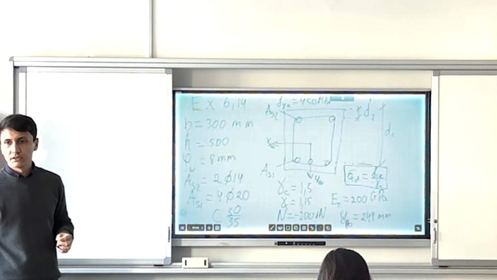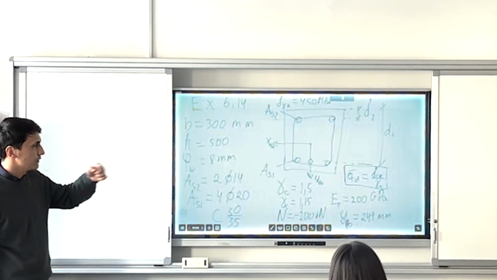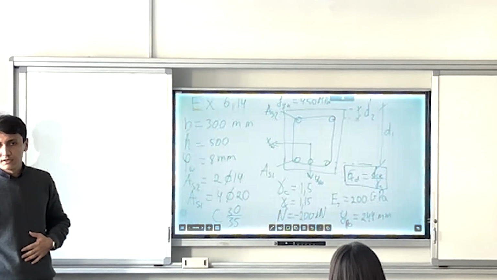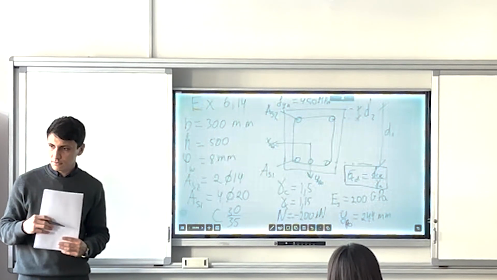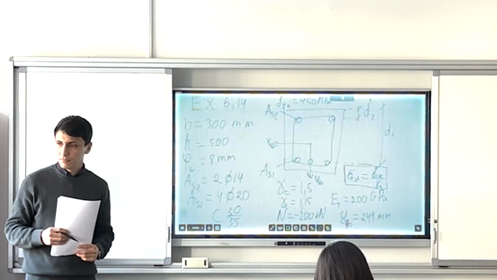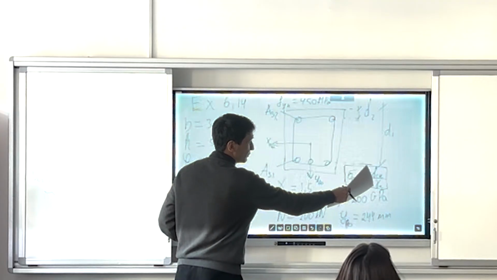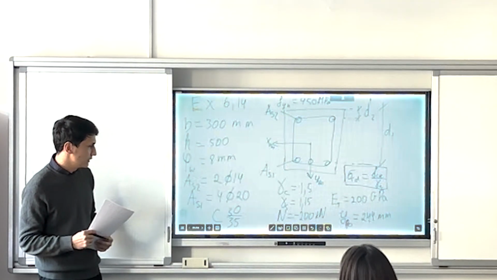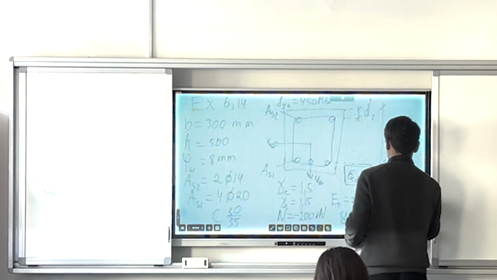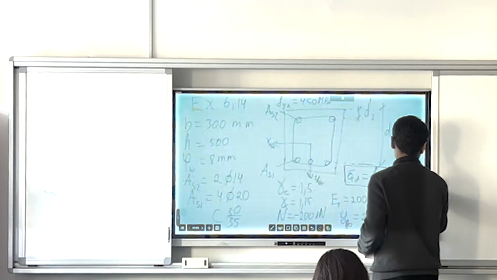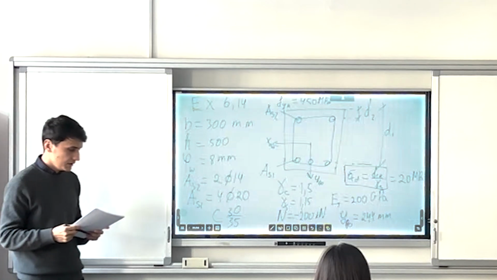The concept is the same as the characteristic strength, you just divide by 1.5, the safety factor. In reality, you are decreasing the resistance of concrete because you want to be on the safe side. So the value is 30 divided by 1.5, which is 20 megapascals. Is it correct? Okay.